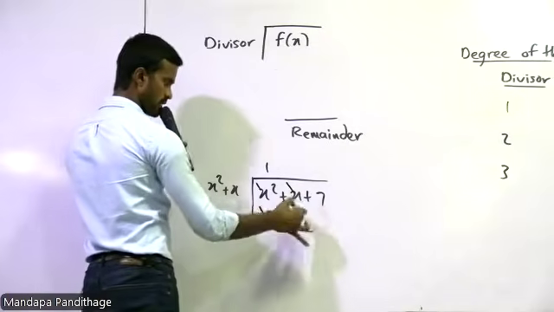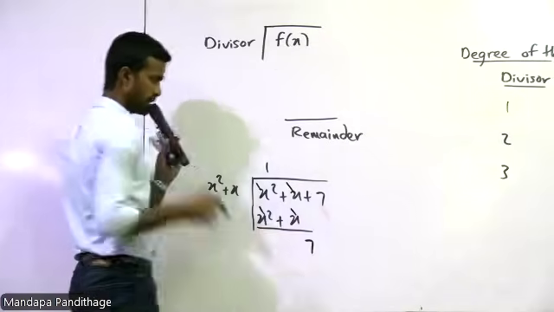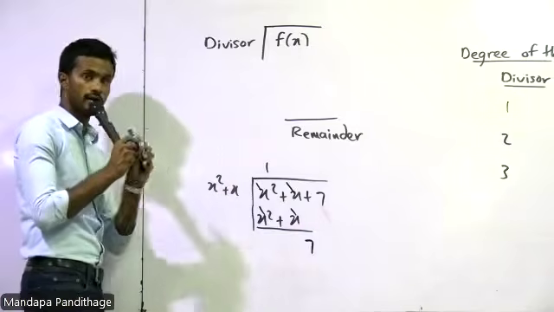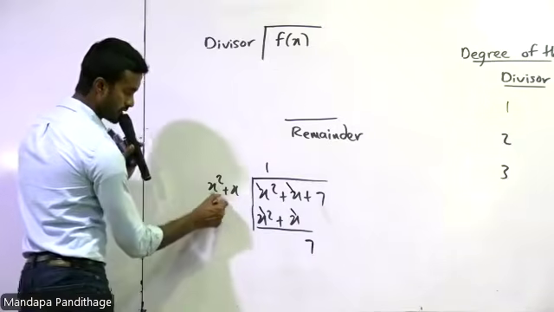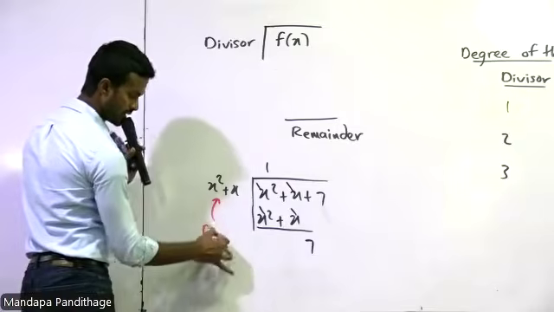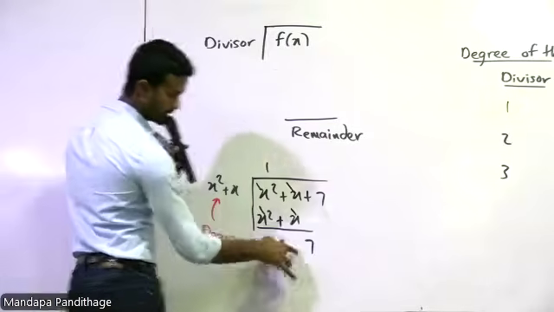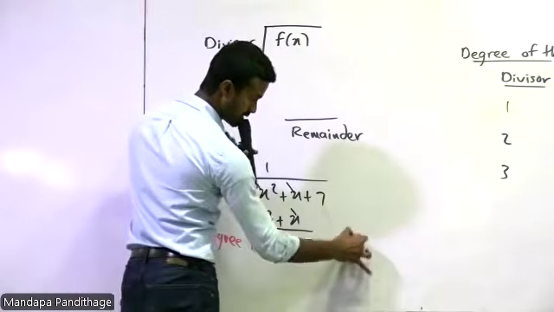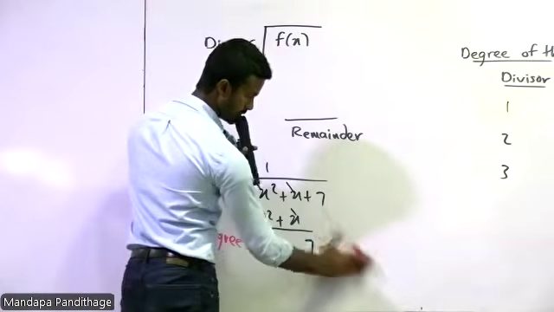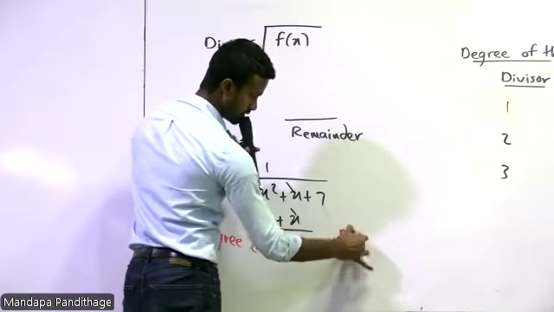These two cancel off and these two cancel off. What is remaining? The remaining is 7. Here, what is the degree of this one? 2. Here, it's a constant. What is the degree of a constant? It's 0.